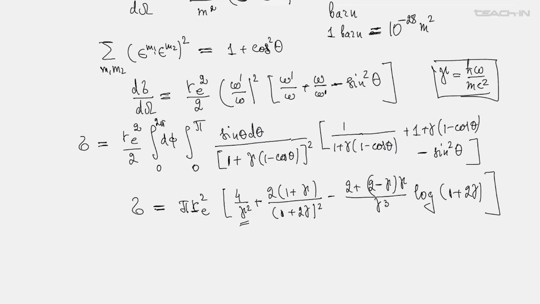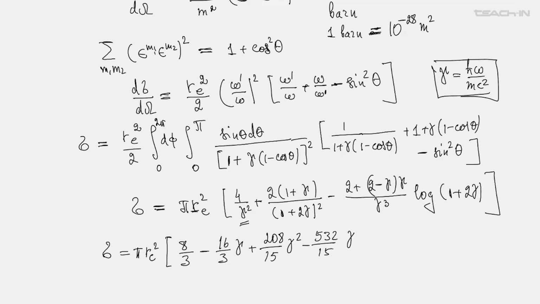So pi r electron squared, and then you get 8/3 minus 16/3 gamma plus 208/15 gamma squared minus 532/15 gamma cubed, and so on. In fact, you can consider the expansion in gamma either as an expansion in terms of frequency or energy of the incoming photon, or the same as an expansion in powers of h bar. The first term here is purely classical.